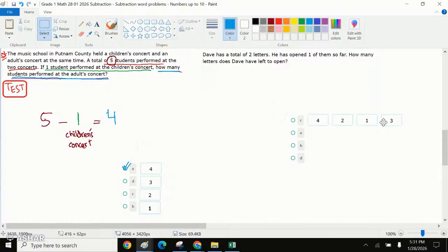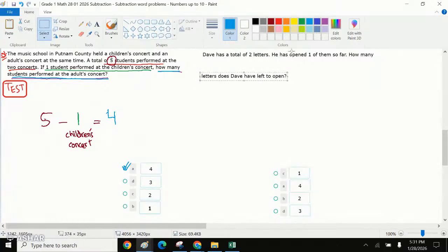This was 4, this is option B, option C, and this was option D. If Dave had these many letters, some were opened and some were unopened. How many letters does he have left to open? Question number 2.